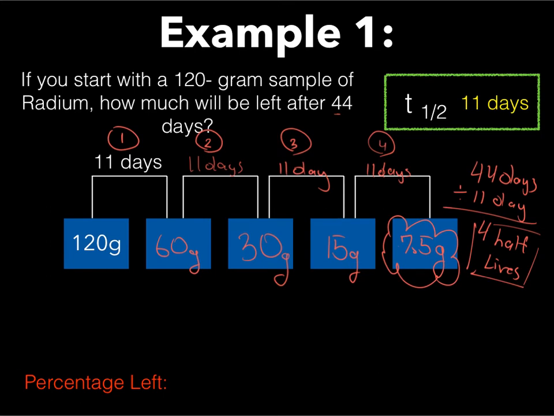If you look at the percentage left, in the last video we talked about percentages and how much decays every time you undergo a half-life. Whenever you start, you already have 100% of that sample. Once the first half-life goes by, you decay half of it, so you're left with 50%.